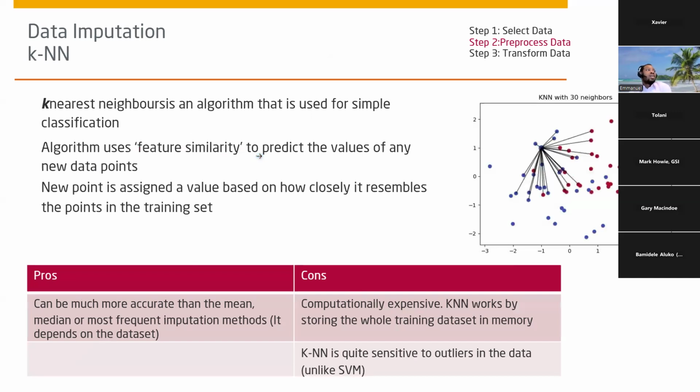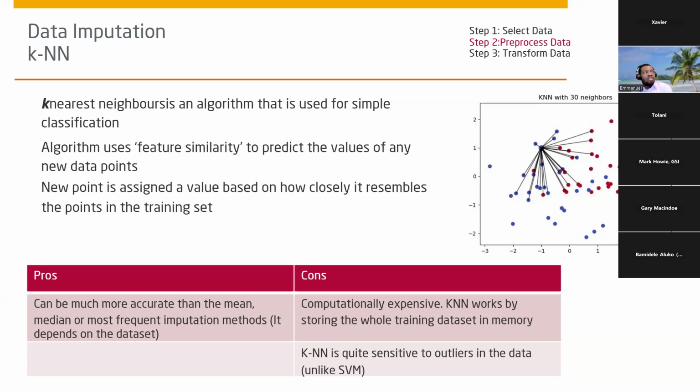Another one is k-nearest neighbor. Yeah, and that is using machine learning itself. K-nearest neighbor is using similarity to predict the value. What it does is it finds the average of the closest data points and then uses that. One thing about it is that it's more accurate than mean or median and most of the methods.